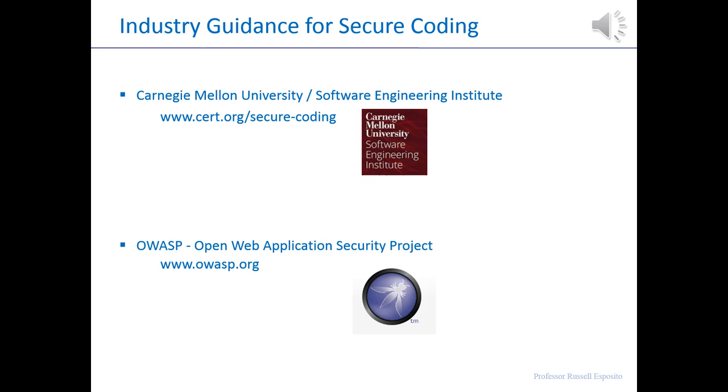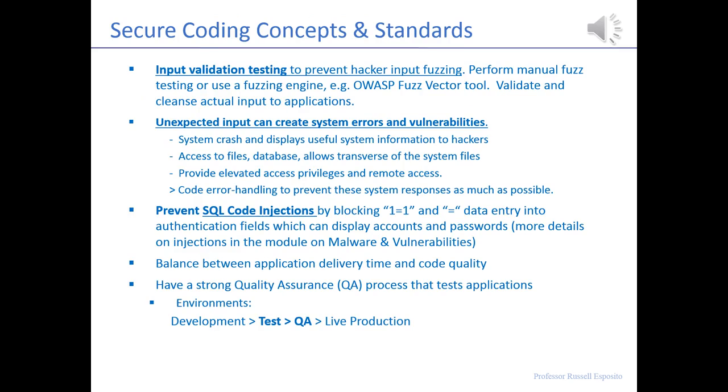We'll learn more about that later on, but I just want you to understand that people aren't, for the most part, trying to do secure coding on their own. There are lots of tools as well that you can purchase, and these are just some free sources that people look at that are well known. So let's talk about some secure coding concepts and standards.